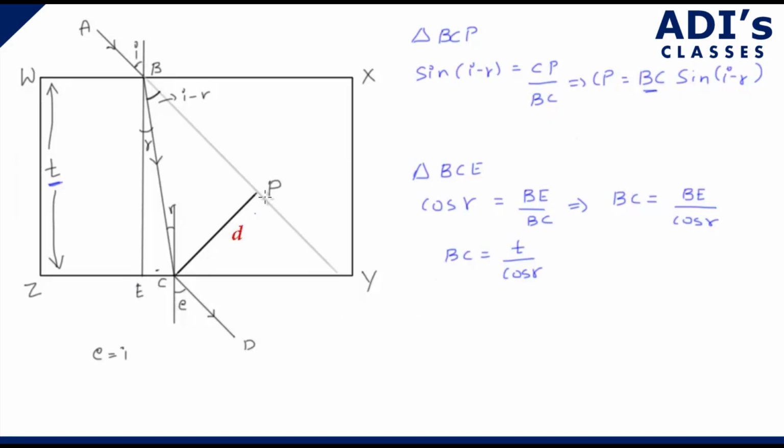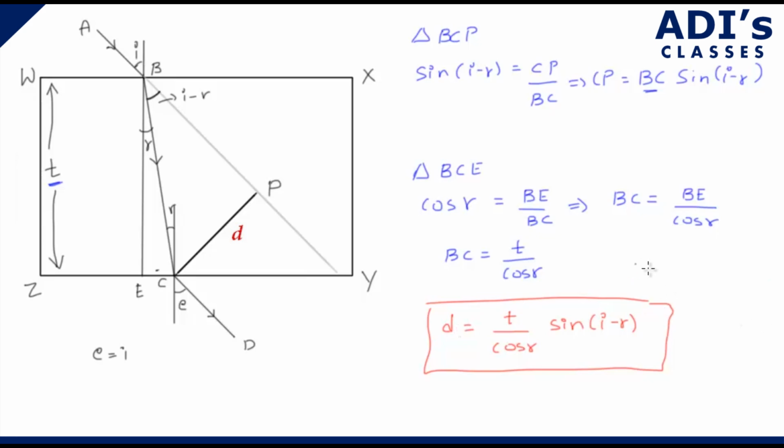CP is the lateral shift, so let's call it D. So D is equal to T by cos R into sine of I minus R. This is what you get as the lateral shift in a glass slab. All we need is the thickness, the angle of incidence and the angle of refraction. Then we will know the lateral shift caused by this particular glass.